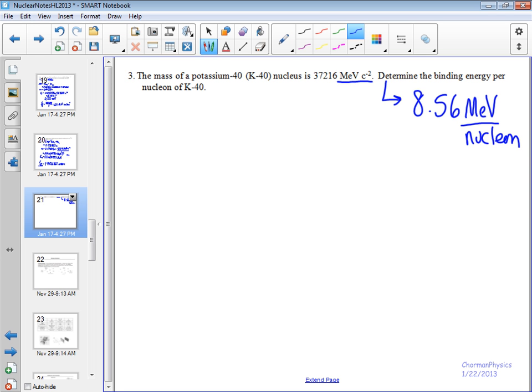That's okay though, because you can still do this, and it just takes a little bit of creativity. Just remember that you can either convert this into u and then do it that way, all right, or you can convert the other factors into MeV per c squared. One or the other, but make sure your units are consistent, okay?